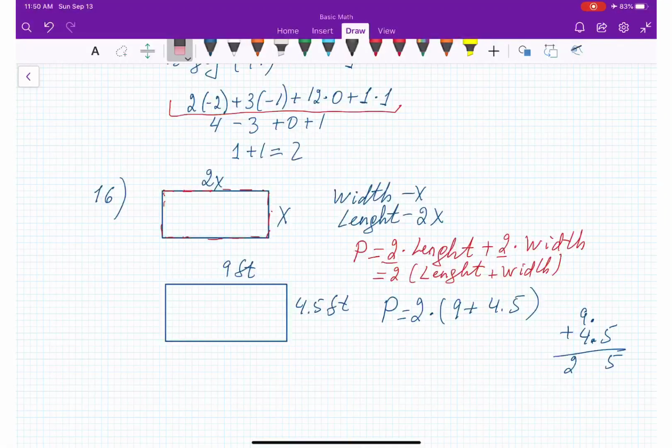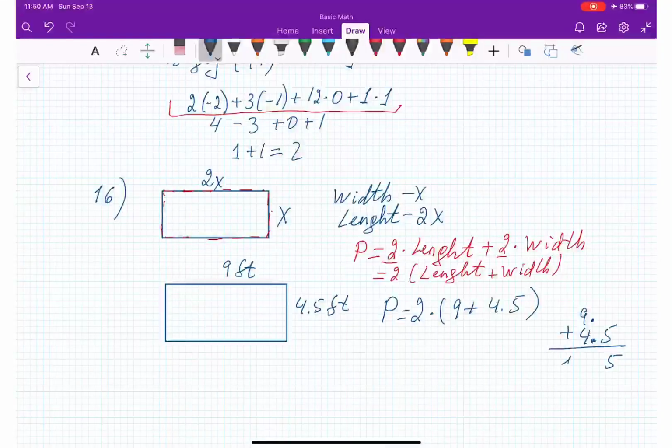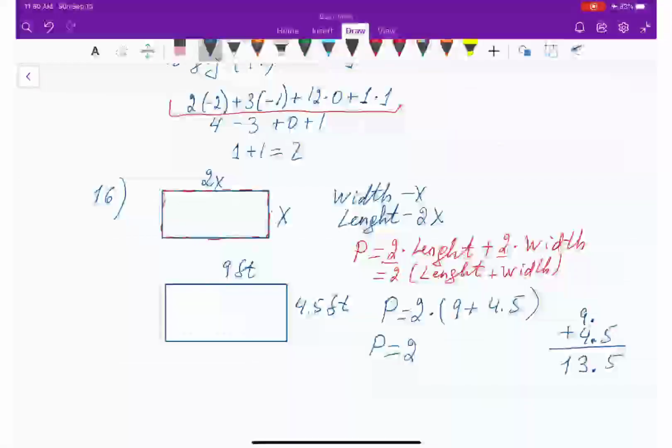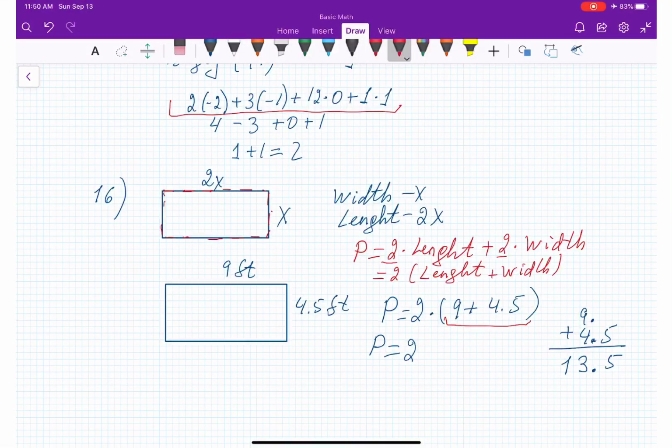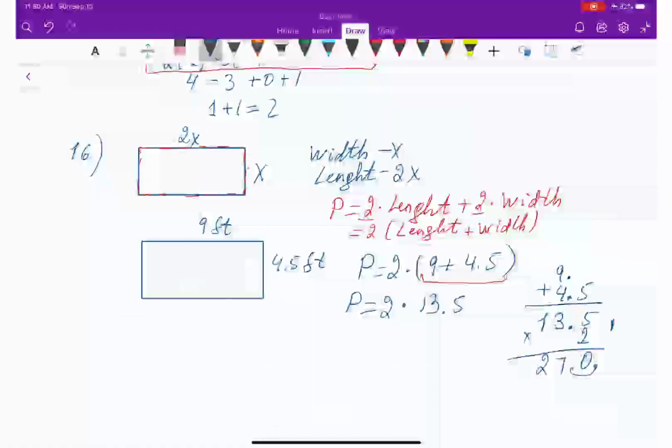So this one is 2 times 13.5. Let's multiply by 2. 2 times 5 is 10, 1 in mind. 2 times 3 is 6, and 1 will be 7, and 2 times 1 is 2. We have only one decimal place, so it will be 27. So the perimeter is equal to 27 feet.